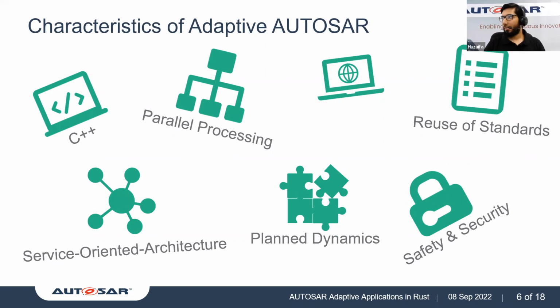Then plant dynamics, this is, let me say, our own word. This might be used in different contexts in different places, but what we really mean in adaptive AUTOSAR is that we can have runtime changes and updates to the applications, as well as modeling, and they could be adopted at runtime.